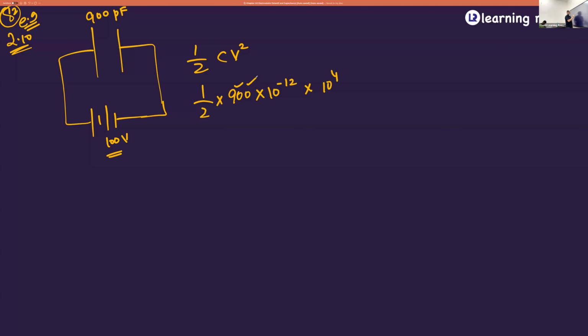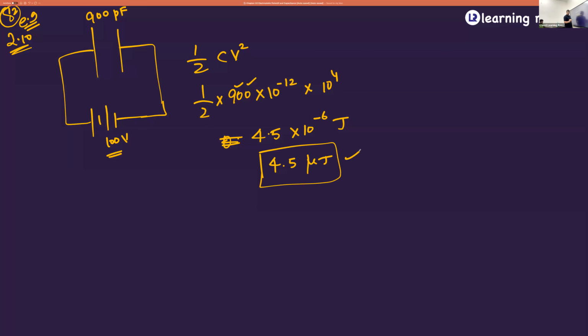So 1 by 2, not 1 by 2, 9 by 2 is 4.5. So 4.5 into 10 power minus 6 joule, or you can write it as 4.5 microjoule. Both are same. I hope this point is clear. Okay, accepted. Now, what is the next part of the question?